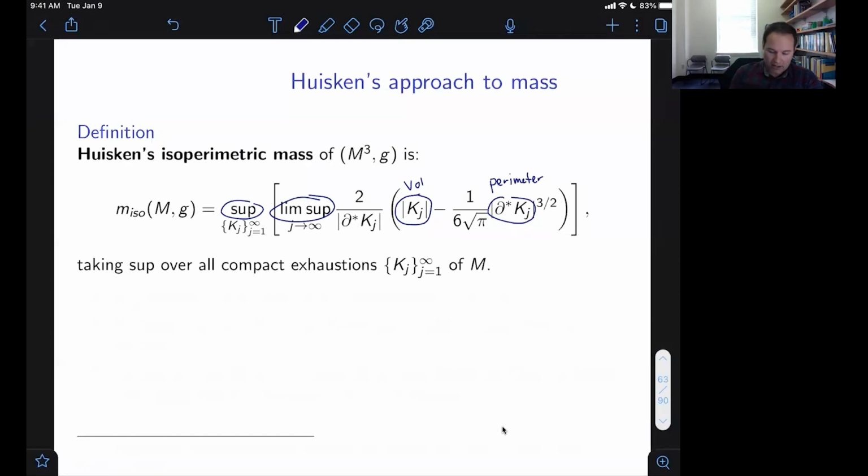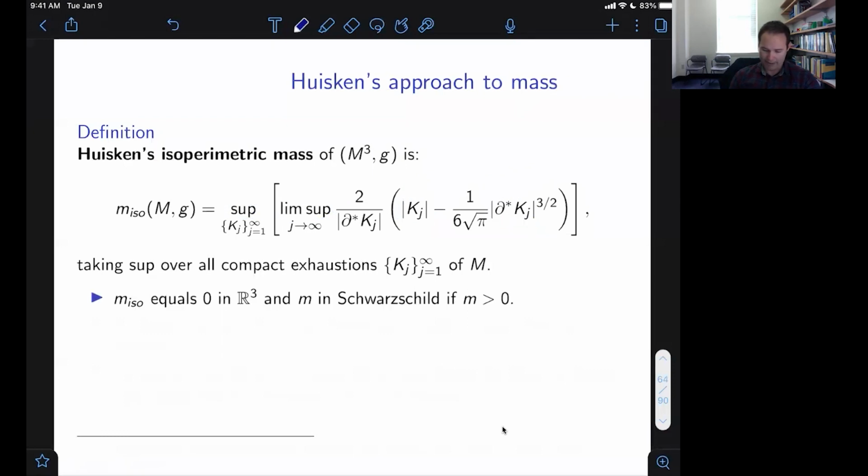And the claim, by calling this a mass, is that it should have something to do with the general relativistic definition of mass. But the advantage here is that it doesn't depend on as much information, it doesn't depend on derivatives. It's easy to check you get 0 because you can just use the isoperimetric inequality that gives you that inequality.